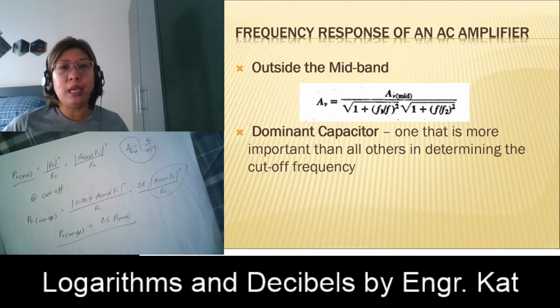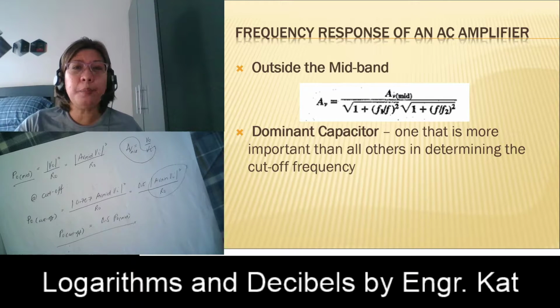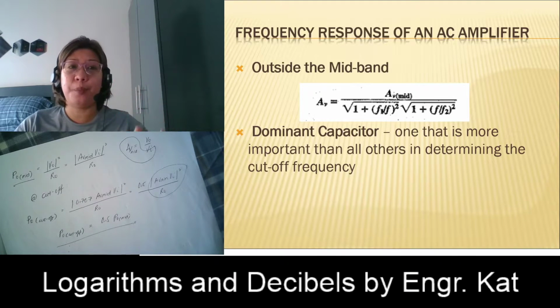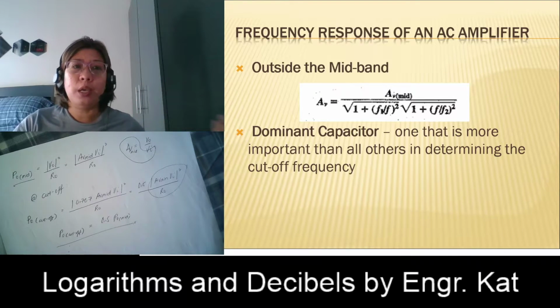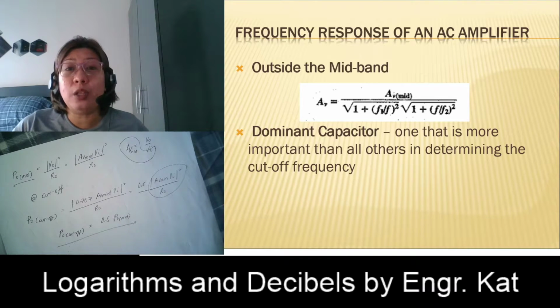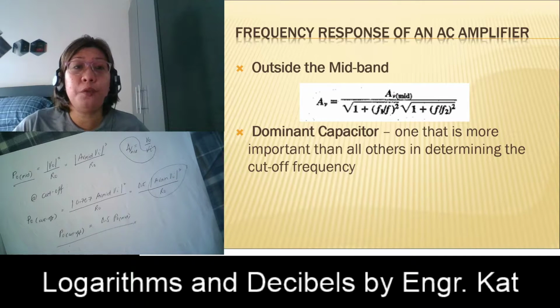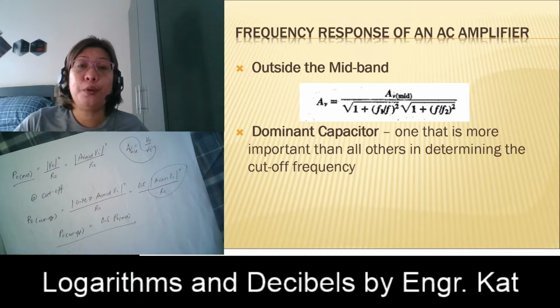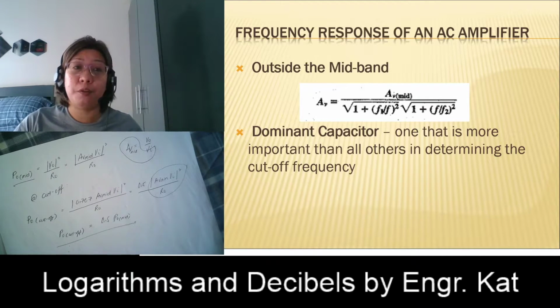Outside the midband, this becomes 1 plus F1 all over F, the lower cutoff divided by any frequency below your F1, squared. And then we have here 1 plus F all over F2, so this is any frequency above your upper cutoff frequency F2.